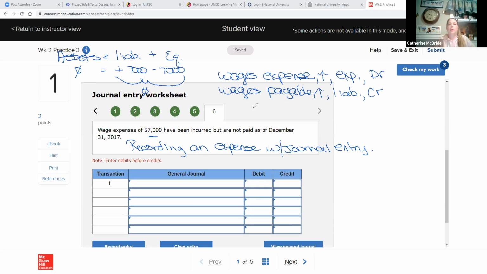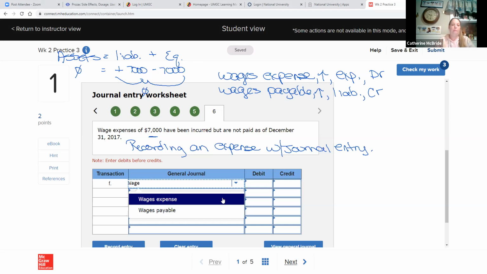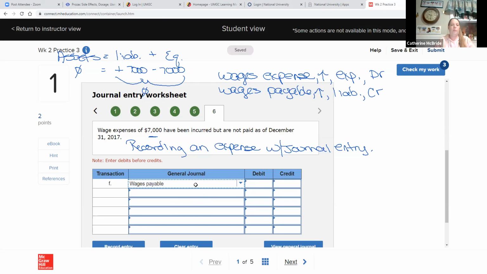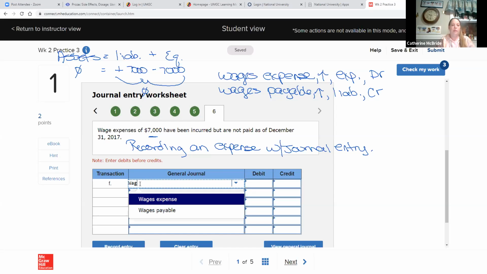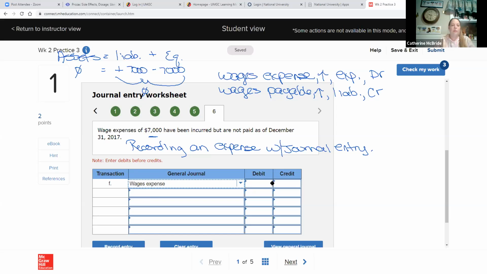So we're going to debit wages expense for 7,000, and we're going to credit wages payable because we're going to pay it later for 7,000.